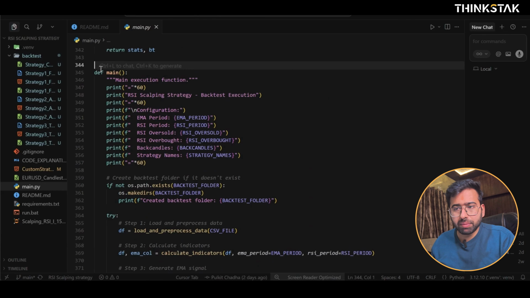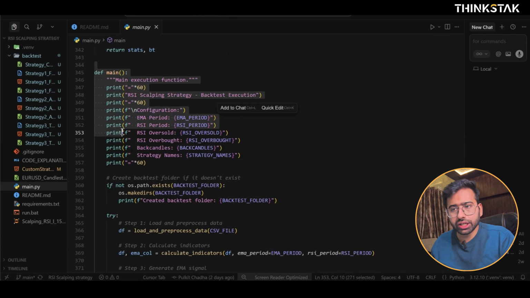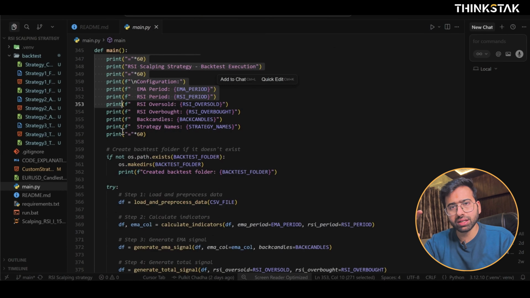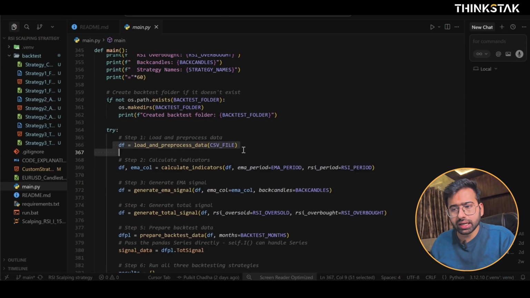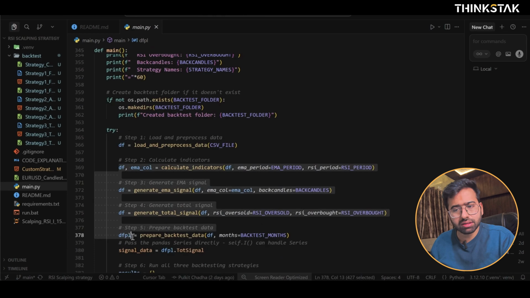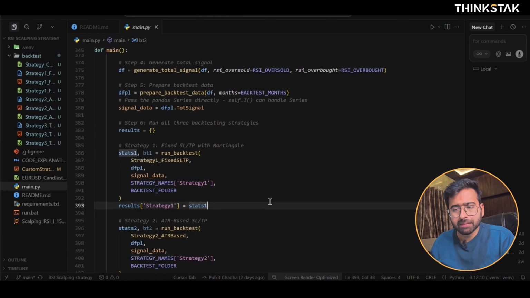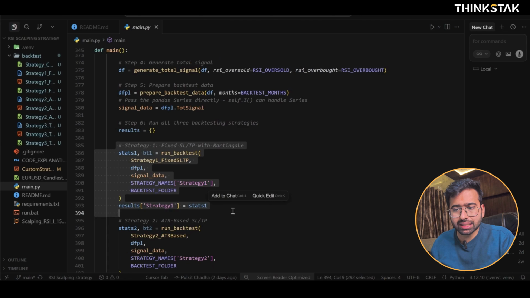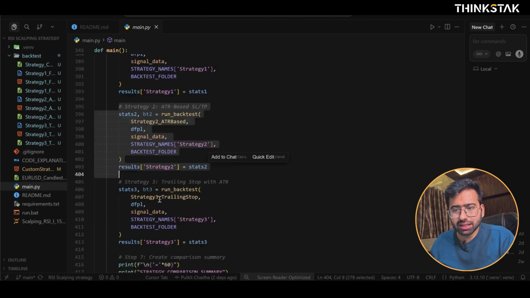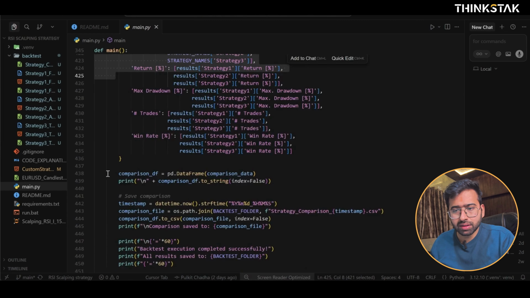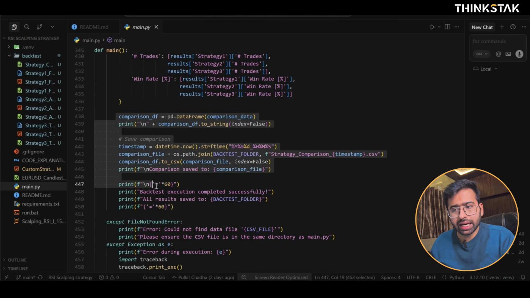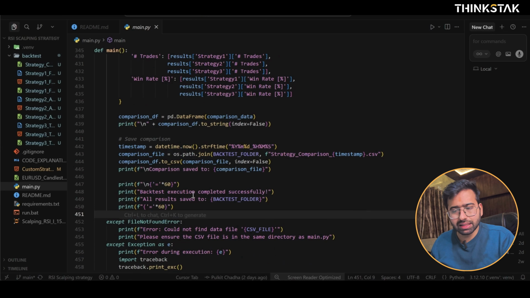Now main function curates all above functions into one single step-by-step way. So here it printed all the details, then loaded the data, calculated indicators, all the things I have explained you above, ran the backtest on the first strategy, second strategy, third strategy, compared those results, and according to the timestamp saved everything in the files.